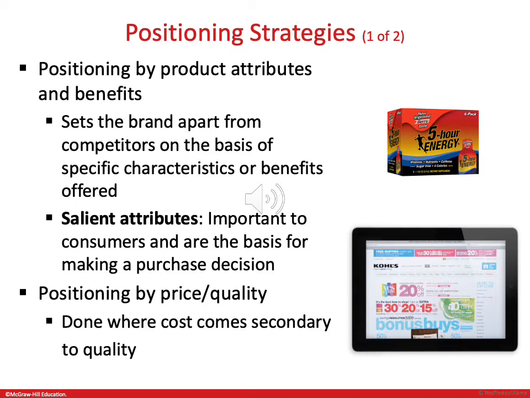That would be Walmart, but they are generally lower priced than other retailers like Macy's. And the level of quality is at the right level for their pricing strategy, right? So positioning by price or quality can certainly be an effective way to go about positioning in the marketplace.